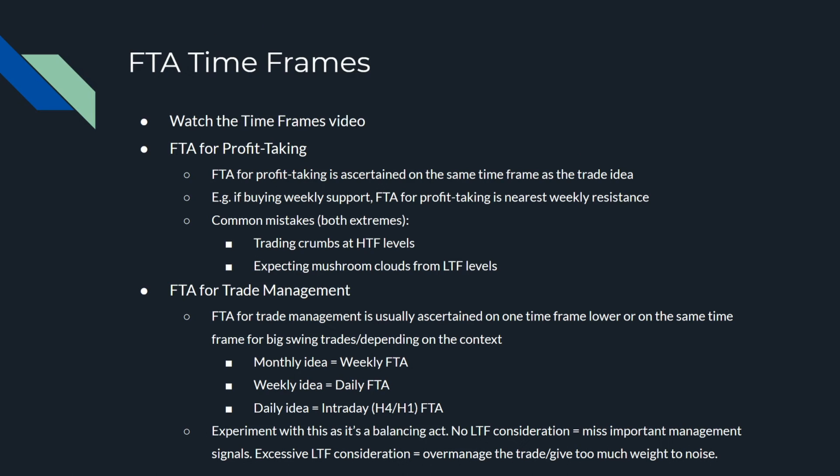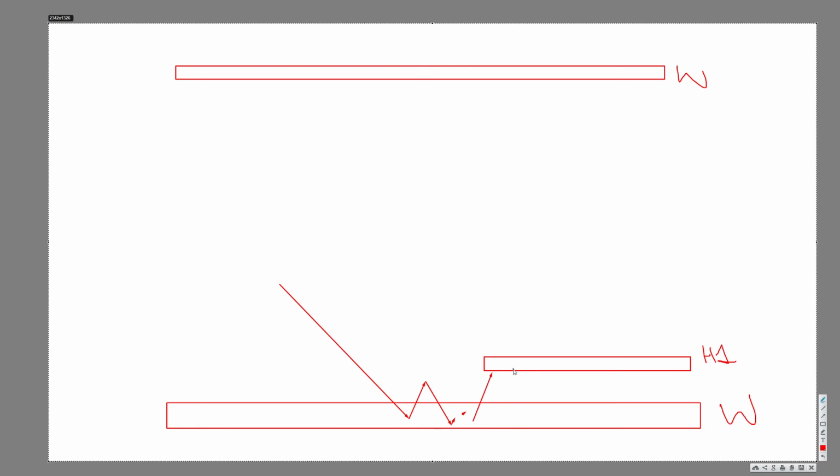Okay. At the same time, excessive low time frame consideration will likely mean that you'll overmanage the trade or give too much weight to noise. And that brings up the other example we talked about, where let's say you've got a weekly level of resistance, a weekly level of support, price comes into the level, you buy it, okay, it does its thing, starts pushing away, and then there's an hourly level here, okay, weekly, hourly, and let's say you get a bit of a wick at the level, like a slight pullback, and that's it, the world is over, you panic, you get out, oh, it's an hourly FTA, the weekly idea must be totally wrong.